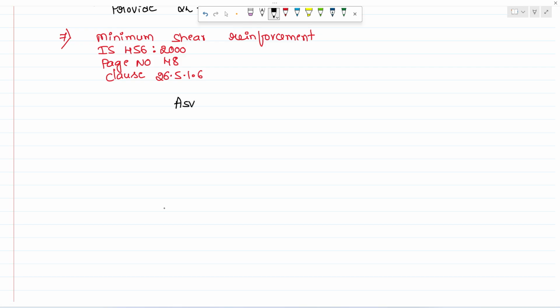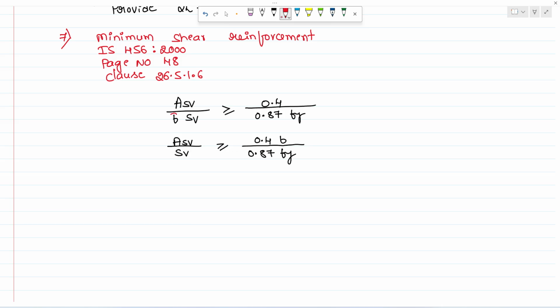ASV divided by B SV should be greater than or equal to 0.4 divided by 0.87 Fy. Just I will rearrange the terms. So ASV divided by SV greater than or equal to 0.4 times B divided by 0.87 Fy. Just I have taken B to this side.